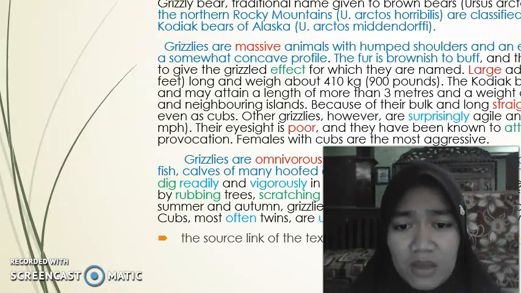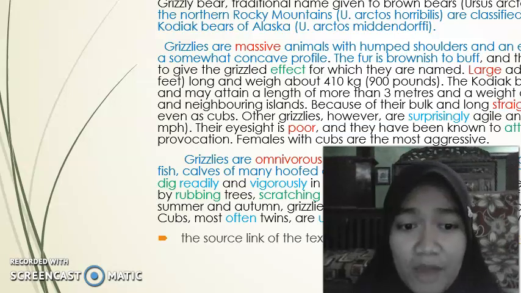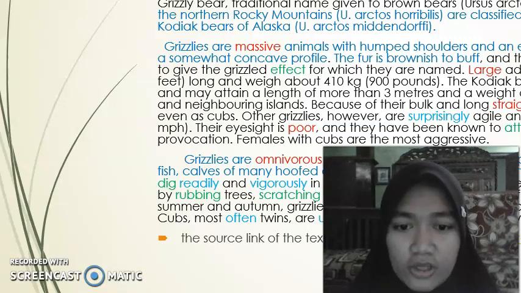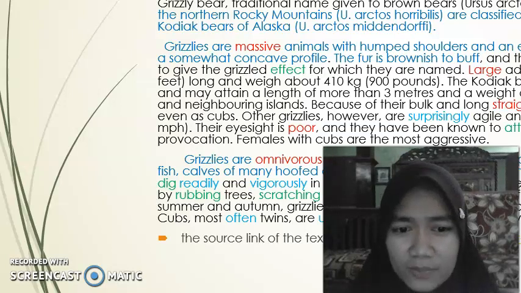And females with cubs are the most aggressive ones. Then, grizzlies are omnivorous animals. Grizzlies feed on berries, plant roots and shoots, small mammals, fish, skulls of many hoofed animals, and carrion. Food is often caught in shallow holes, and grizzlies dig readily and vigorously in search of rodents. Each spring, the bear marks the boundary of its territory by rubbing trees, stripping bark, or even biting large pieces of the trunks of trees.